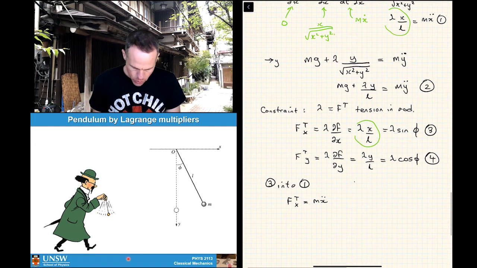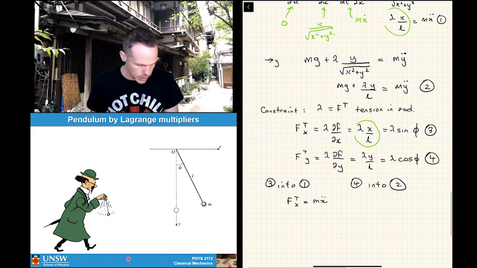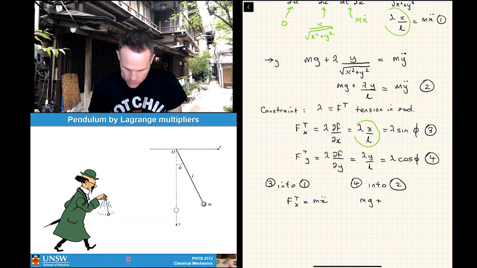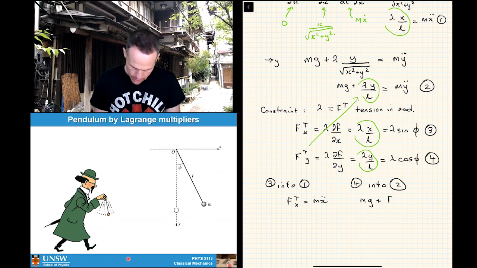We can also put what we know from 4 into 2, and this will give us something a little bit more sensible. What we've got is mg plus, and again here what we're going to do is go that this thing here is this thing here, so we can basically put F_t of y into there. So this is F_t y is m y double dot.